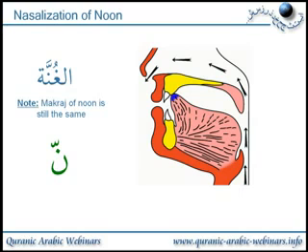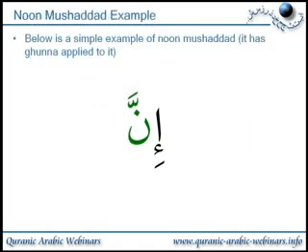However, the actual sound is moving up into the nasal cavity, i.e. into your nasal passage. So the makhraj is the same, but we're effectively vibrating the sound in our nasal cavity. That would be the ghunna of the noon mushaddad, and we'll do an example next.